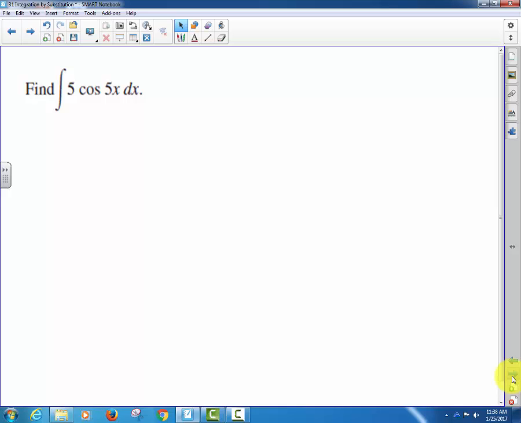The u substitution is your first thing to try. What function has 5 cosine 5x for its derivative? It's very hard to think about. Some of you are sharp enough you can think, okay, I can do this, and yes, that'll get there. But most of us, at least right now, we need to do a u substitution.